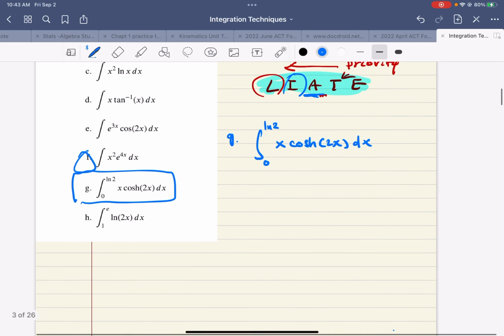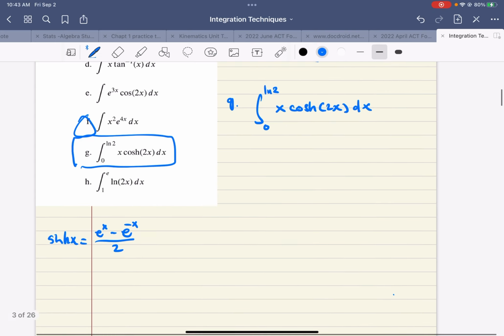What is a hyperbolic cosine? You have to know the definition. Hyperbolic sine is e to the x minus e to the negative x over 2. So that is hyperbolic sine.